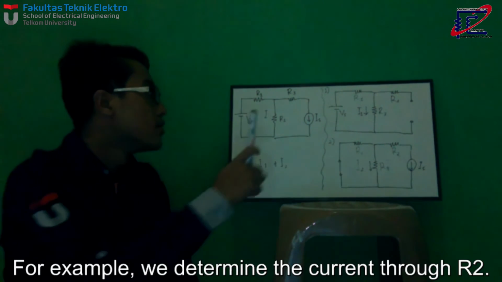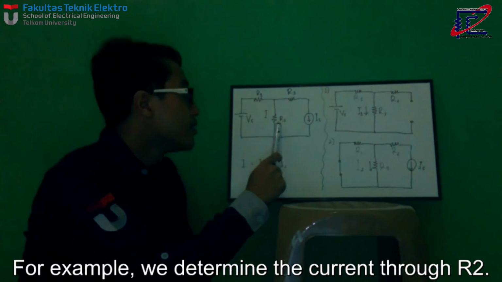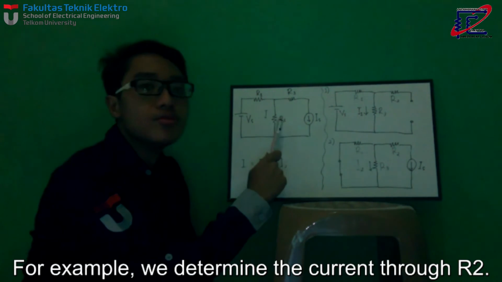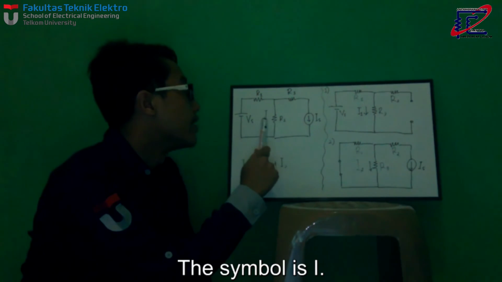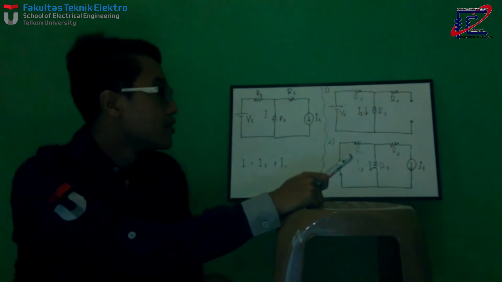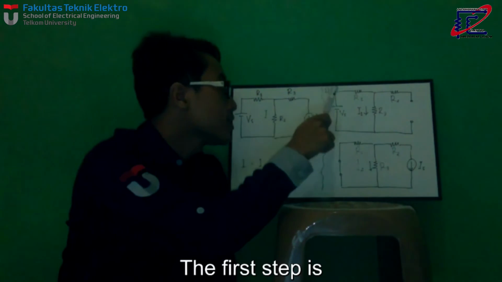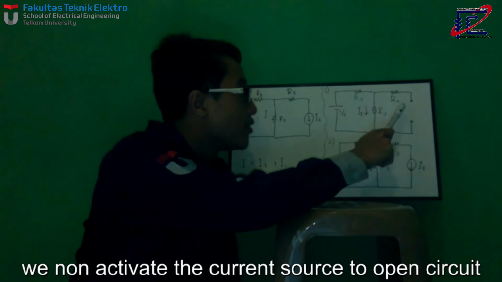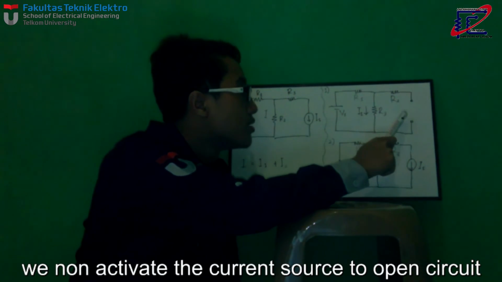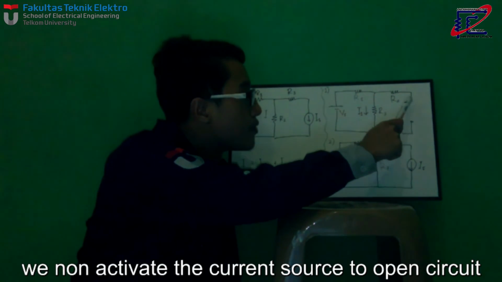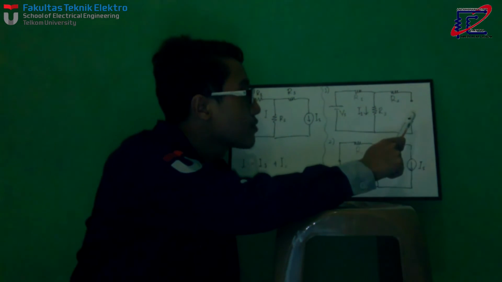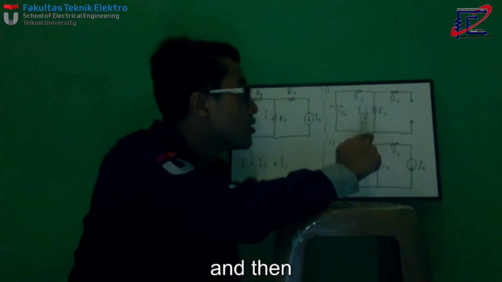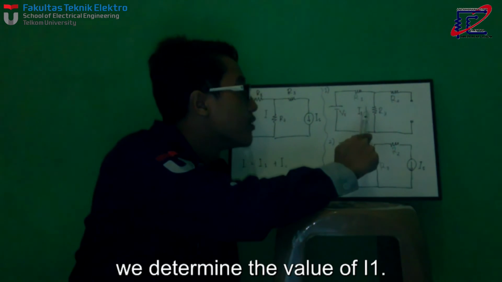For example, we determine the current through R2. The symbol is I. The first step is we deactivate the current source into an open circuit, and then we determine the value of I1.